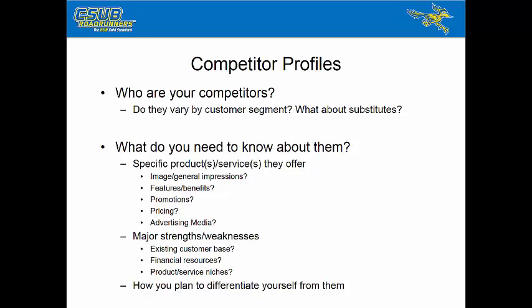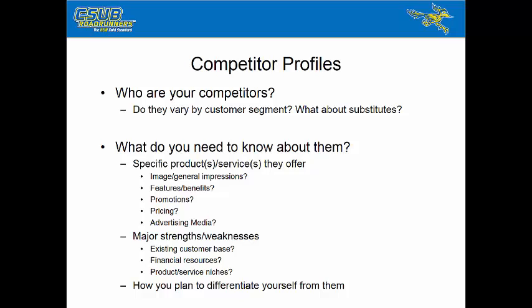And then make sure to think about substitutes too. So if we look at the rickshaw project, for example, there's not another rickshaw competitor on campus, but a substitute competitor is walking. It may not be a direct competitor, but rather another way to achieve the same thing that is your main competition.